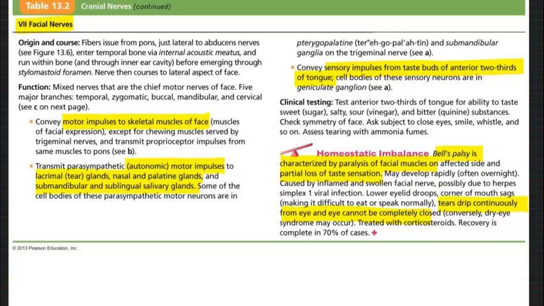I met him a couple of years ago, and I can still see a little bit. There's a celebrity, actually, that still suffers from Bell's palsy: Sylvester Stallone. This is why he has unique facial expressions and manner of speech.